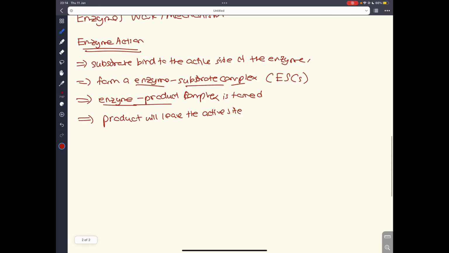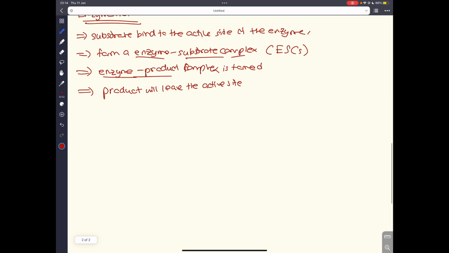Now, obviously it's really hard to visualize if you don't have a picture. Now we have to actually look at how the enzyme works. So I'm going to draw the diagram for you.